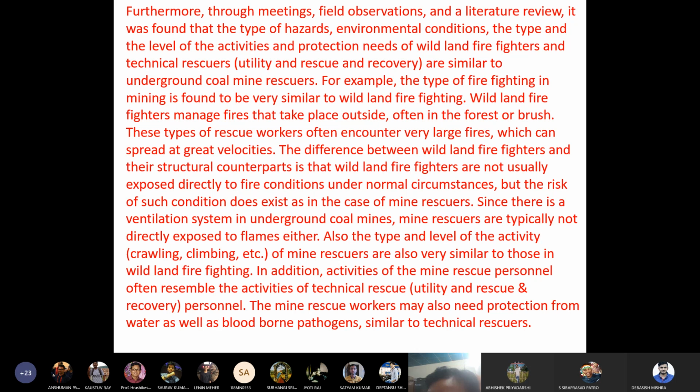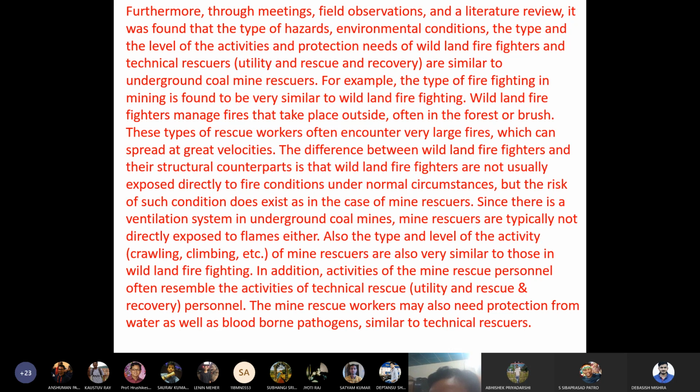The difference between wildland firefighters and their structural counterparts is that wildland firefighters are not usually exposed directly to fire conditions under normal circumstances, but the risk of such conditions does exist, as in the case of mine rescuers. Since there is a ventilation system in underground coal mines, mine rescuers are typically not directly exposed to flames either.